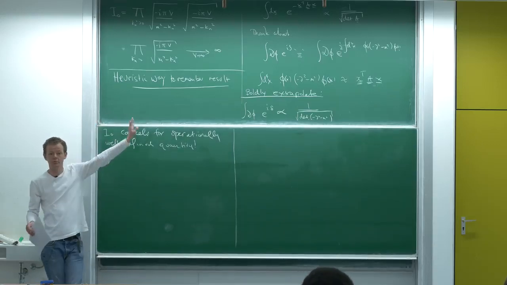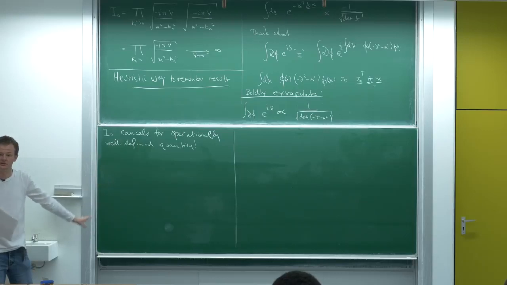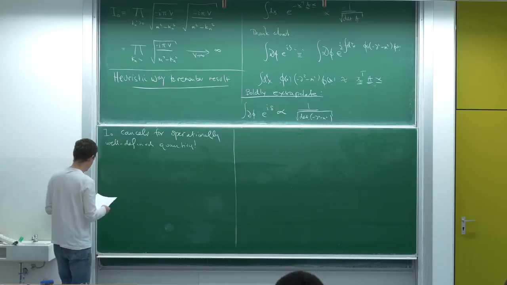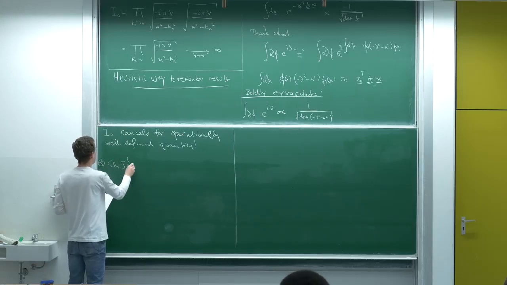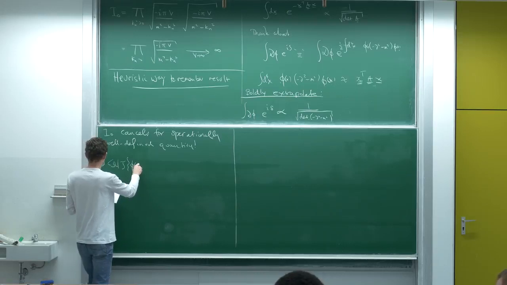I naught actually cancels for operationally well-defined quantities, and I'm going to demonstrate that to you now by calculating something that really is measurable in practice, namely the two-point function.